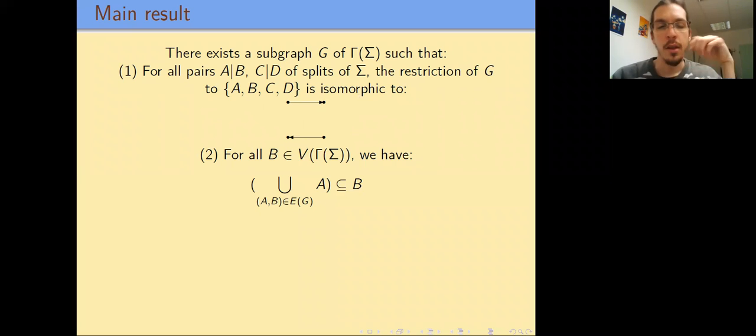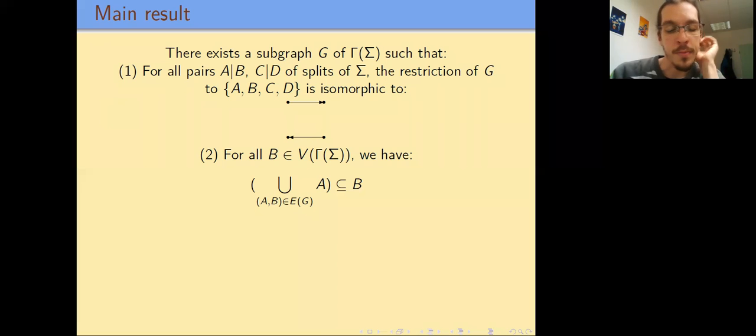And the other property, which is not obvious at first but is very useful, is that for all vertices B, if you take the multiset union of all sets A such that AB is an edge of your subgraph, then this multiset union is contained in B. These two properties are quite similar in essence to the properties I mentioned about compatibility in the set case.